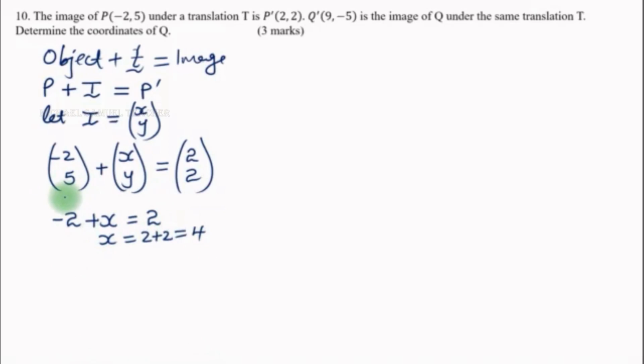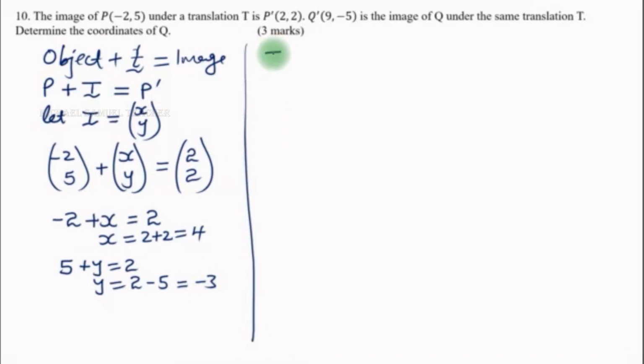And then for y, compare the y coordinates. So we have 5 plus y is equal to 2. Therefore y will be 2 minus 5, which is actually -3. Therefore T is (x, y), and in our case, x is 4 and y is -3.